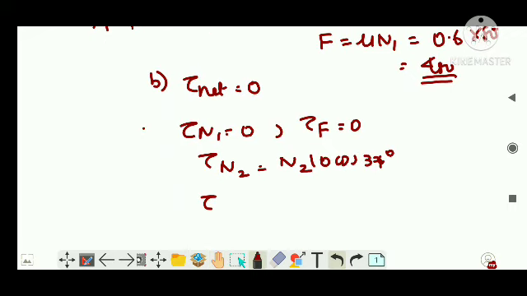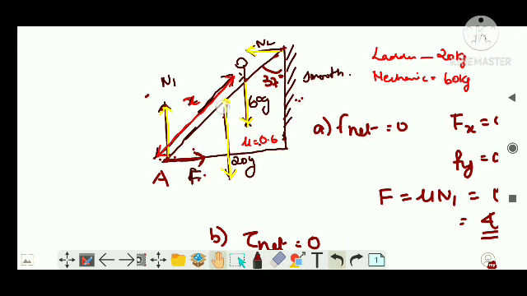Now similarly I have to find the torque due to 20G and the torque due to 60G. Let's move on with the 20G. This 20G is the ladder's center of mass acting. The ladder length is 10 meter, so this length will be 5, that is AC is 5.